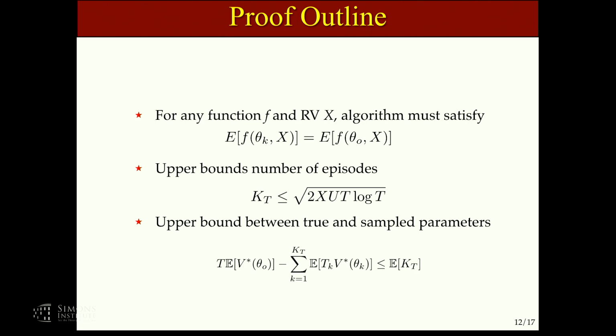The key is that you need to ensure this property for the algorithm: that the expectation of any function of the parameter theta_k and a random variable x, which is adapted to the filtration generated by the history, is equal to the expectation of the function of the true parameter and the same random variable. So this is what you need to check when you're designing the algorithm.